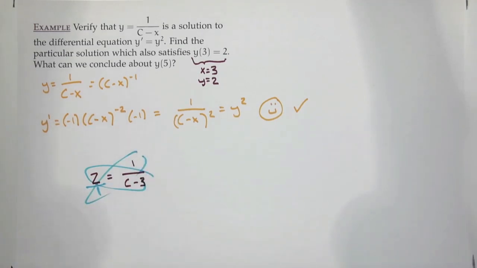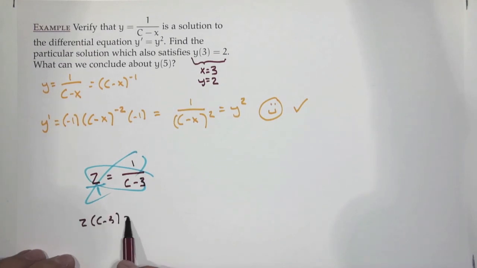And if you did that, you would get 2 times c minus 3 equals 1. Or 2 times c minus 6 equals 1, I think. Oh, that seems right. So then what? Add 6 each time. Add 6.